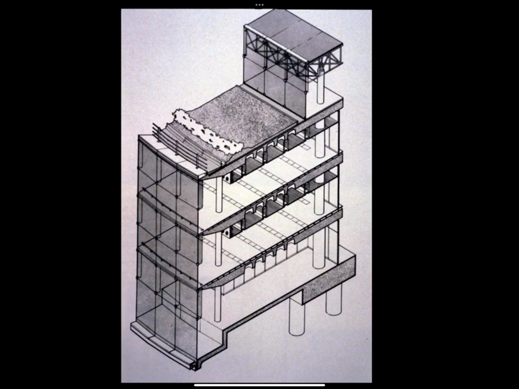It shows that the top story of the building sets back and that it has a different kind of structure on the top floor, which is a steel framed structure, and that there is a planted roof. So I'd like to encourage you to do these kinds of drawings or a drawing like this for your project in Studio.